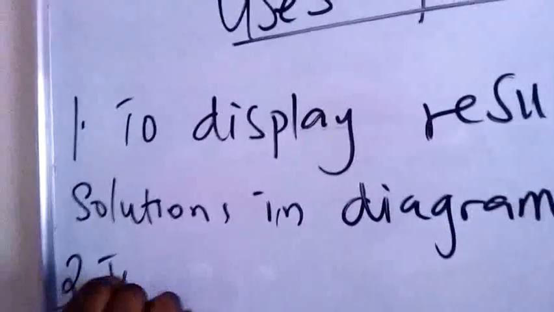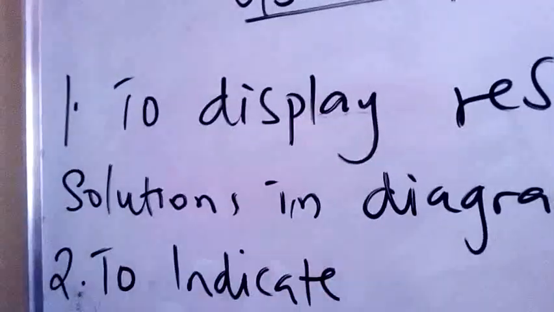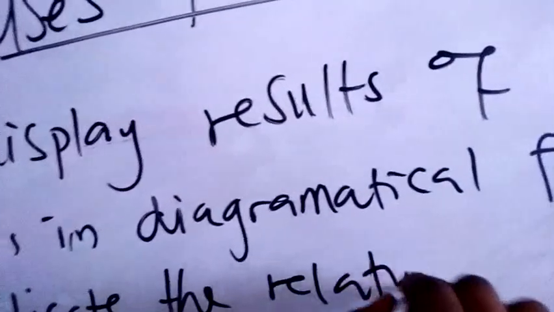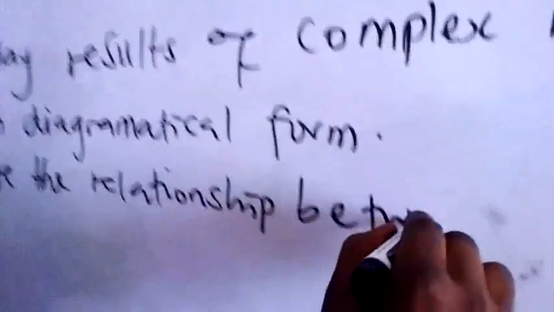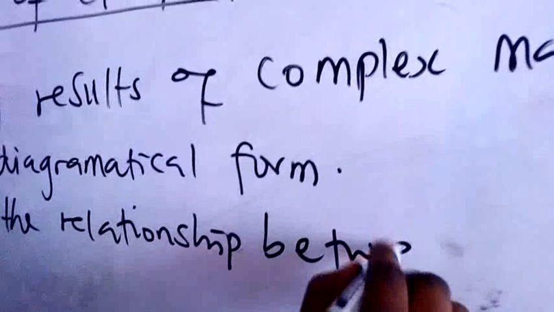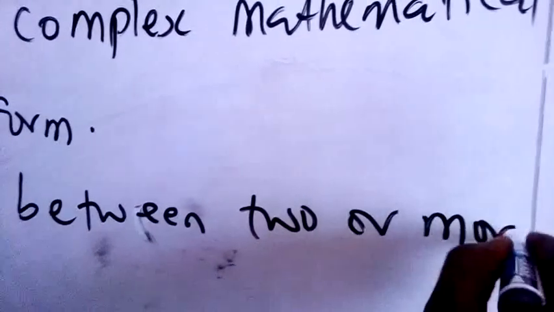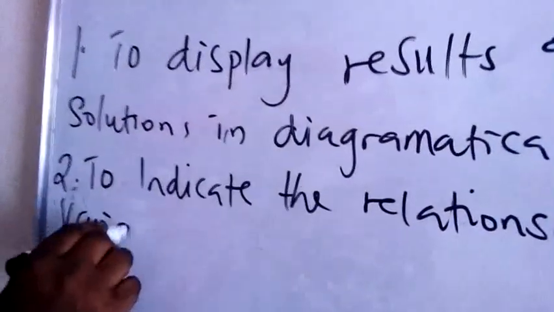Number 2, to indicate the relationship between two or more variable quantities.